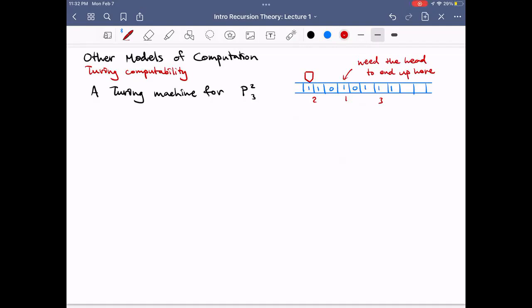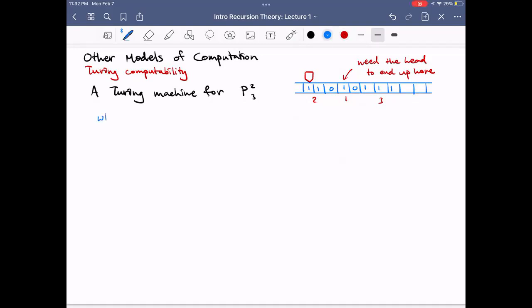Okay, so if you can move the head over to there, then you remember the output was just, we counted the number of consecutive ones to the left of the head, so then the number of consecutive ones would be 1. So we need to write a Turing machine that will just sort of move past the first block of ones and then move to the end of the second block of ones.